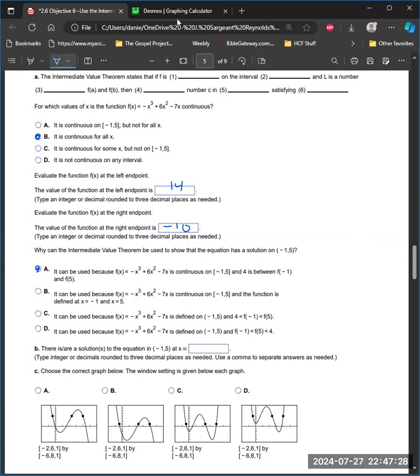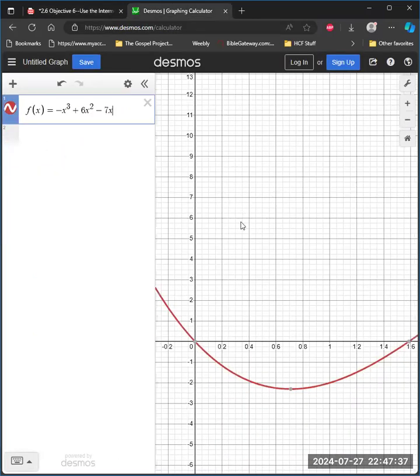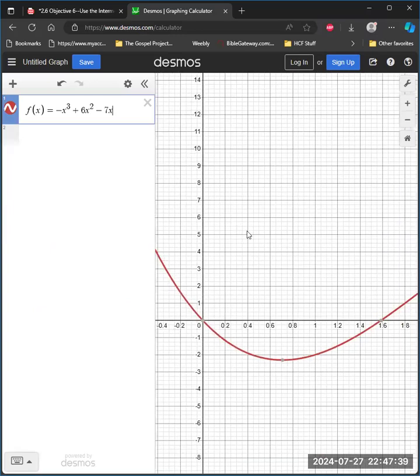This is between 1 and 5, 1.586. Now we want to see where it's equal to 4. f of x is equal to 4.